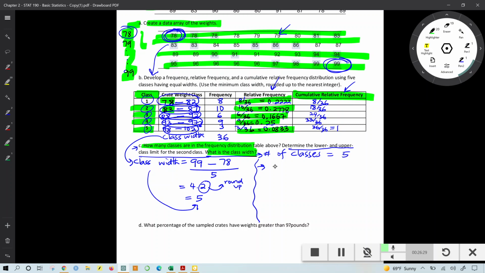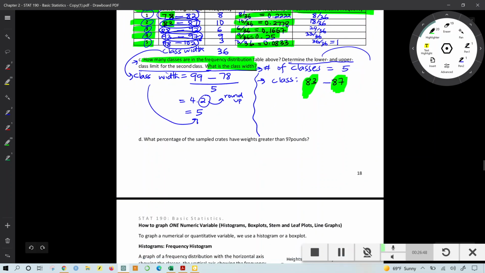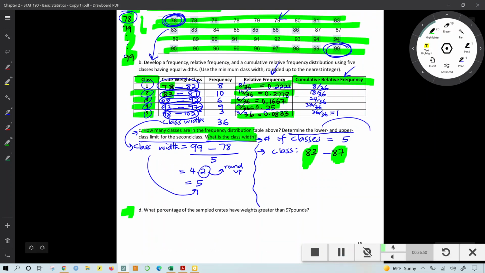That class ranged from 83 to 87. So the lower class limit is 83, and the upper class limit is 87. And next, we proceed to question D.